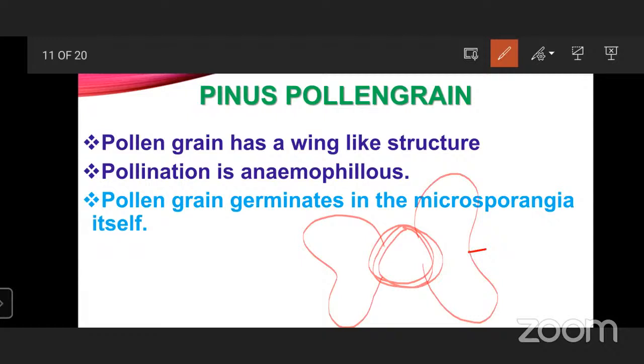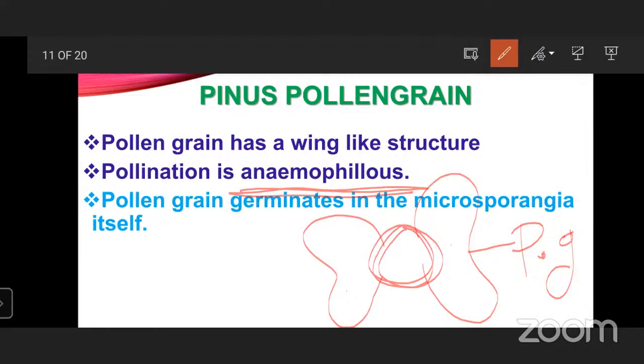With the help of these wings, the pollen grain is easily dispersed from one place to another through air. Anemophilous means pollination takes place with the help of air or wind. Such type of pollination is called anemophily or anemophilous pollination.